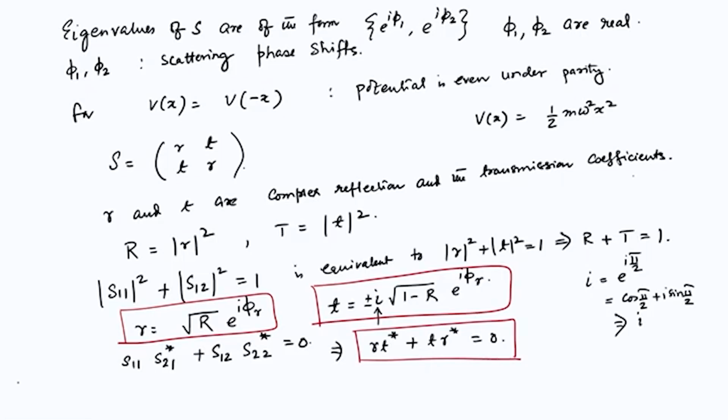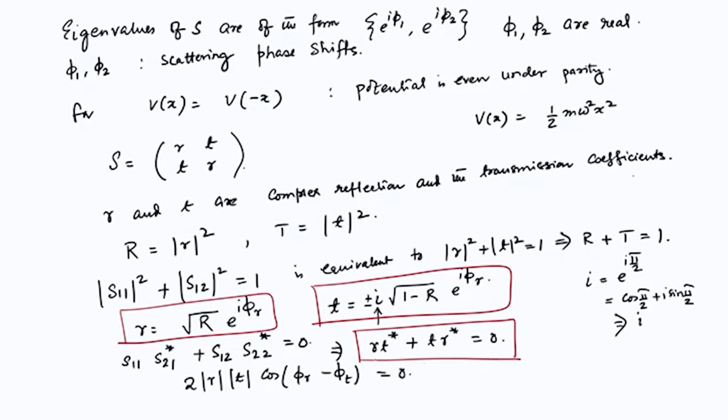All right. So now if I write these things properly using these relations above, I get 2 mod R mod T cosine of phi R minus phi T equal to 0.